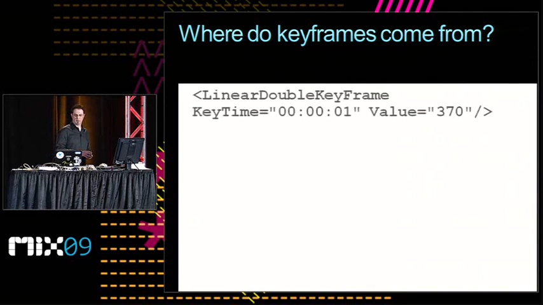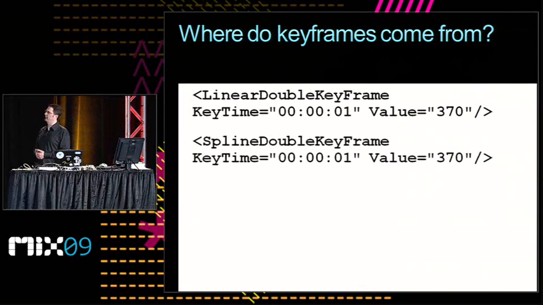Okay, so on to our code here. This is what a linear double keyframe looks like. The keyframe that we were just looking at looks like this. These two are functionally equivalent. A spline keyframe with no easing applied is the equivalent of a linear keyframe, which is why Blend doesn't use them. If you're creating keyframes, Blend will default to a spline double keyframe.